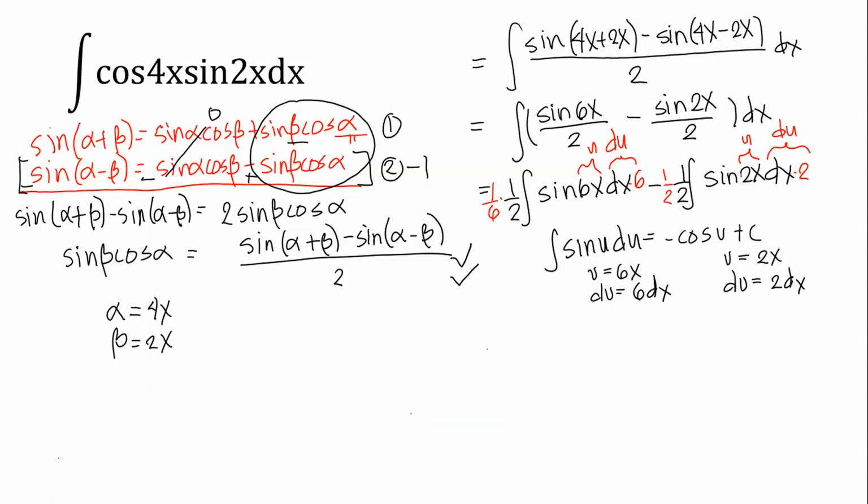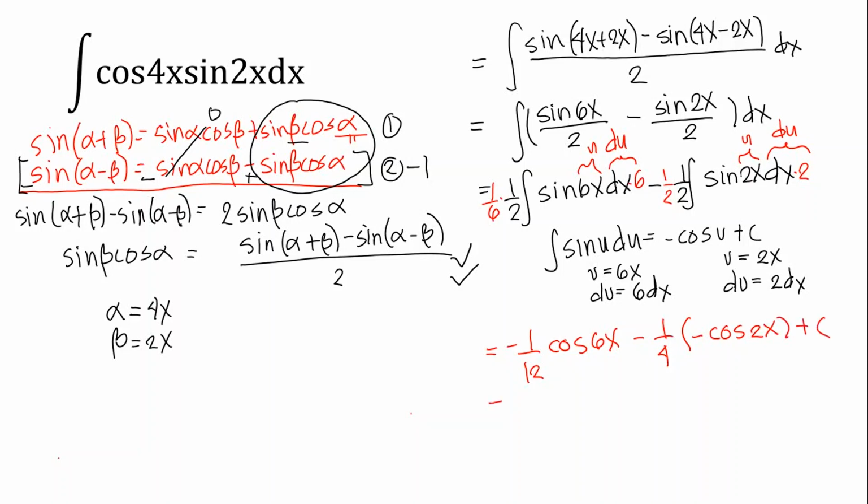By further simplifying, we get 1 over 12 negative cosine 6x minus 1/4 times the integration of sine 2x, that is negative cosine 2x, plus c.